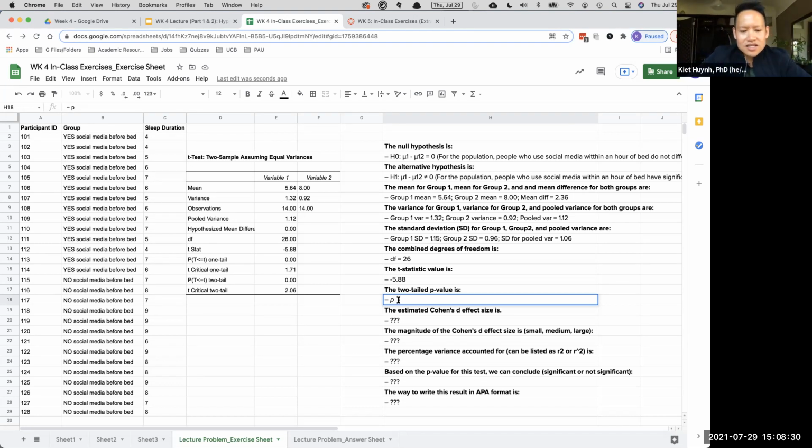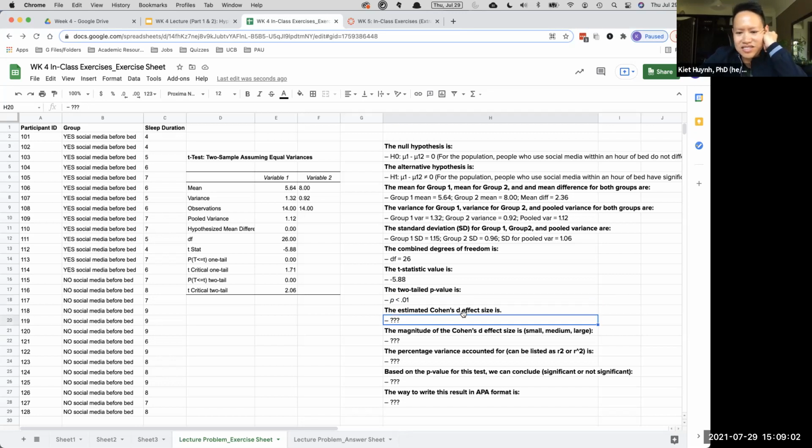In this case, you could write the very specific number, p equals this huge number, which don't do because no one does this. Since I'm asking for 2 decimal points, do p less than 0.01. It's less than what we have space for. So we say p less than 0.01.